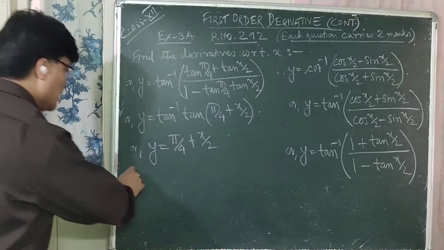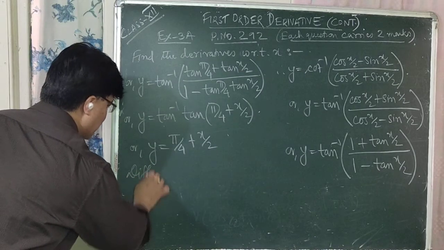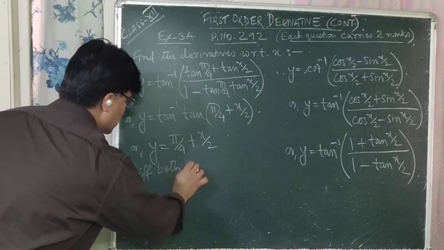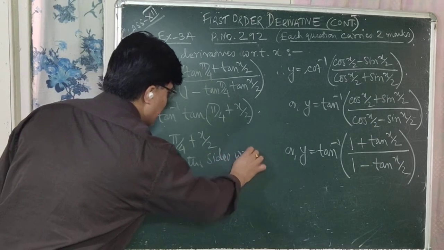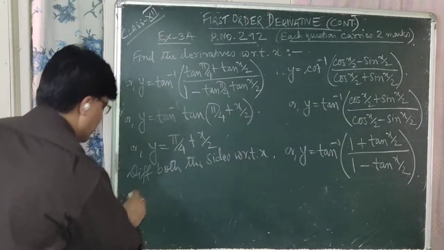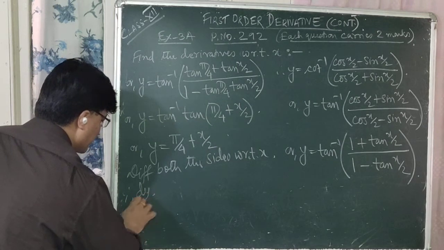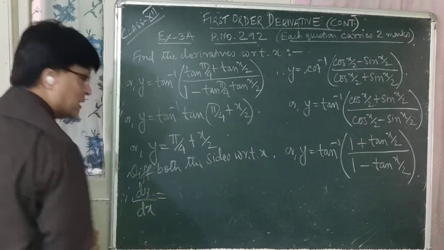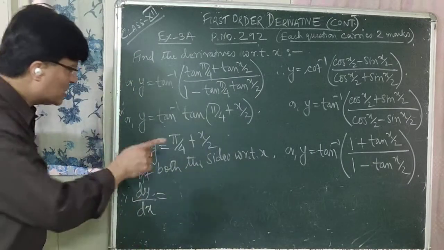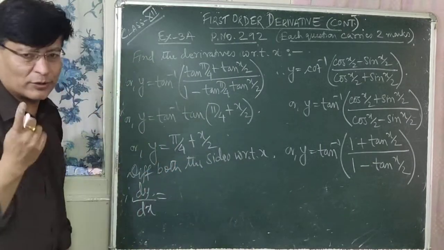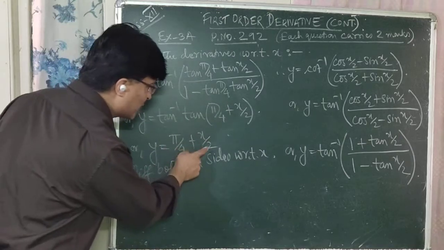Okay. So let us write, differentiating both the sides with respect to x. So therefore dy by dx is equal to, you don't have to write dy by dx on the right hand side, okay? What is dy by dx of pi by 4? 0, you don't have to write. What is dy by dx of x by 2?